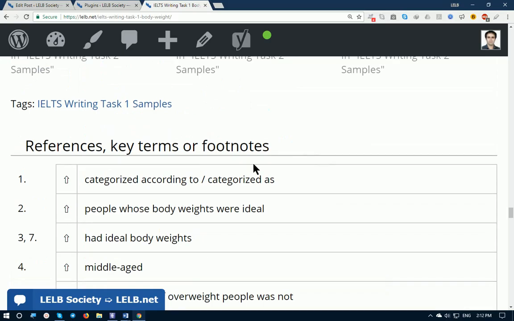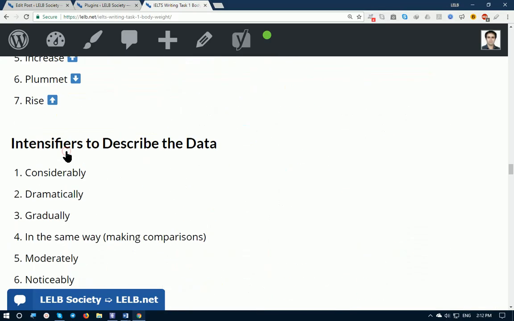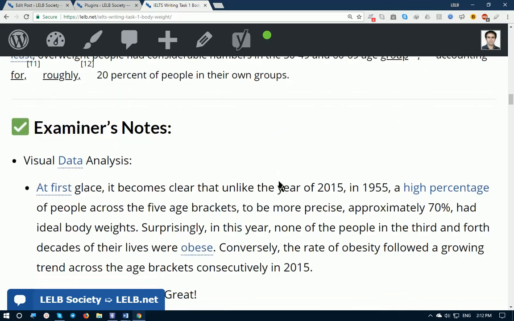And here are my corrections. For example, if you click on them, you will be directed to that index, and that's it.